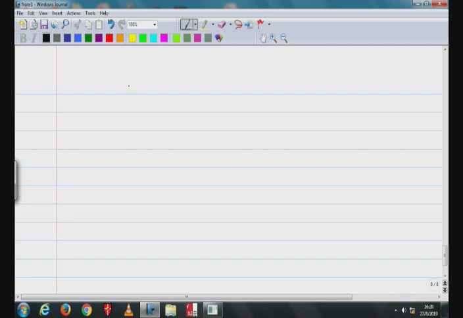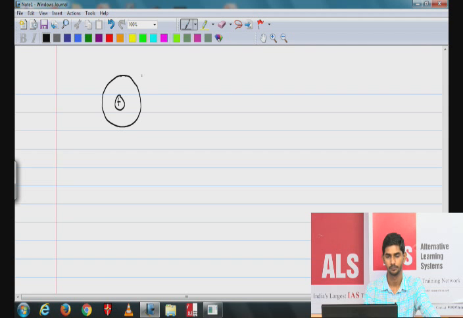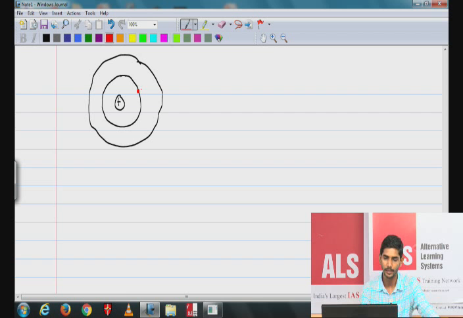Look at this. This is an atom, and suppose this is the electron. When the electron changes its state, it jumps from its orbit to another orbit.